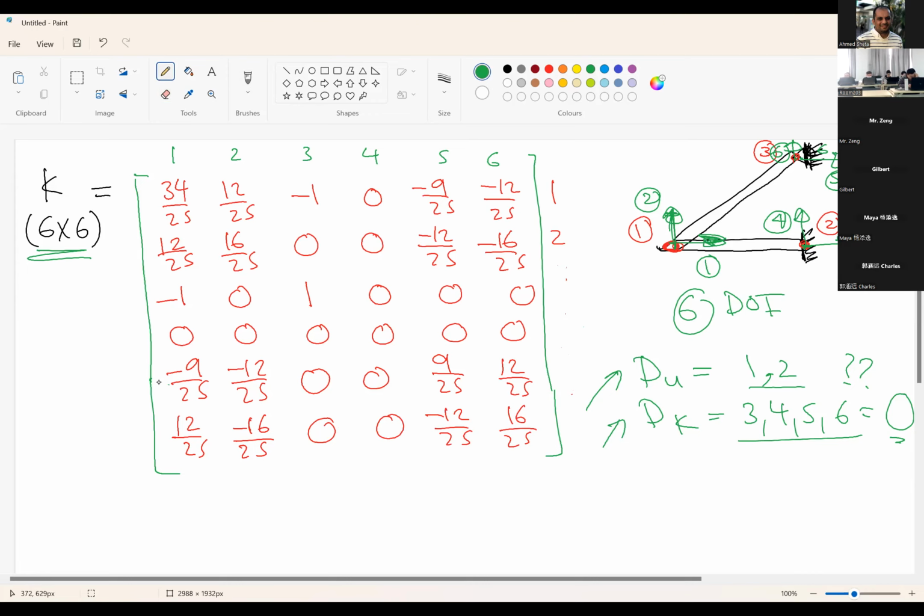Okay, so this is our global stiffness matrix, with the degrees of freedom 1, 2, 3, 4, 5, 6. How can we find K11? K11 corresponds to the unknown degrees of freedom, or unknown displacements.